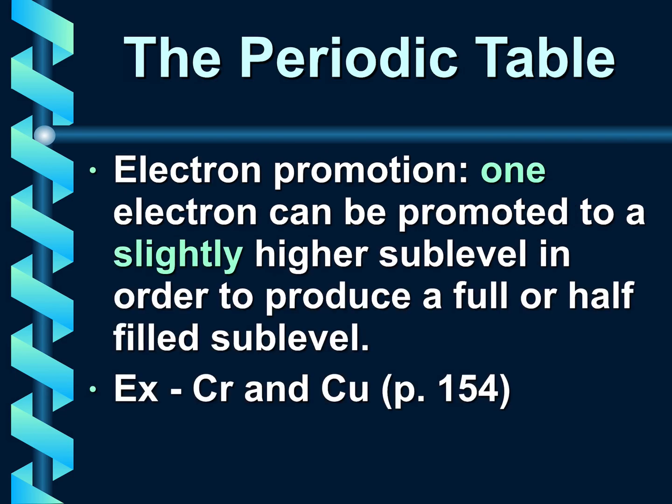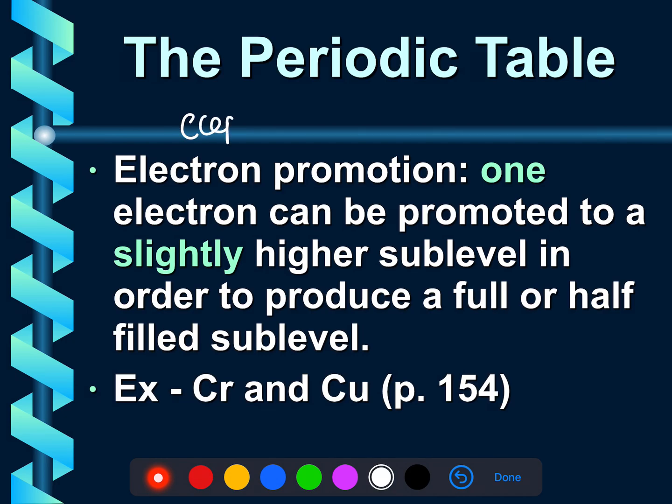All right, so that brings us to this concept of electron promotion. Now, I hate the term electron promotion. It's a misnomer. Promotion implies that you're taking one thing and you're promoting it, moving it to another place, and that's not what happens. A better name for electron promotion would be exceptions.